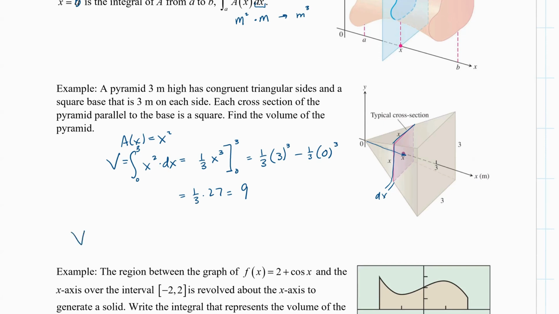You might also recall that the volume of a pyramid is 1/3 base area times height. In this case, the base area is the square down at the bottom, which is 3 by 3, so the base area is 9, and the height was 3 as well. You can see that also gives us a volume of 9.